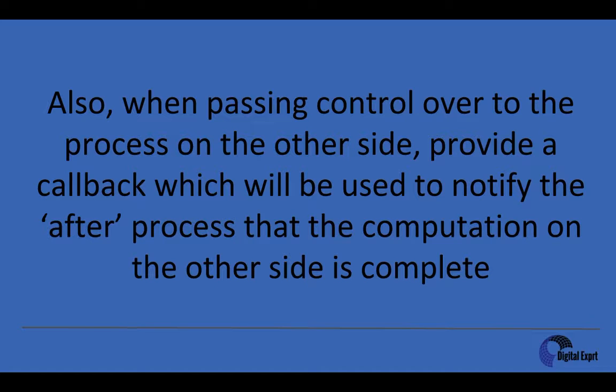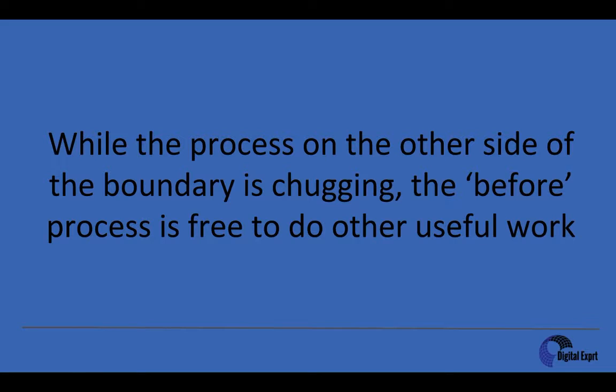So while the process on the other side of the boundary is chugging, this block of code that we labeled as before is now free to do other useful work. It doesn't have to idle or be fully occupied doing nothing. It can go and serve other requests and what have you.